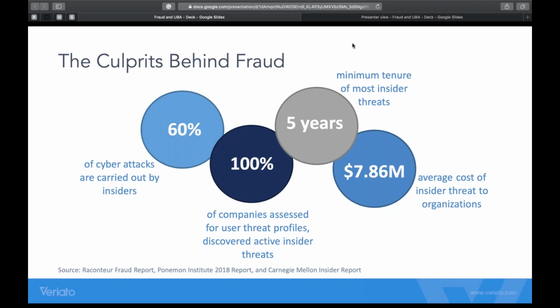And one stat that we came across that was eye popping, and this one came from the Raconteur fraud report, is that 100% of companies that were assessed for user threat profiles were discovered to have active insider threats.